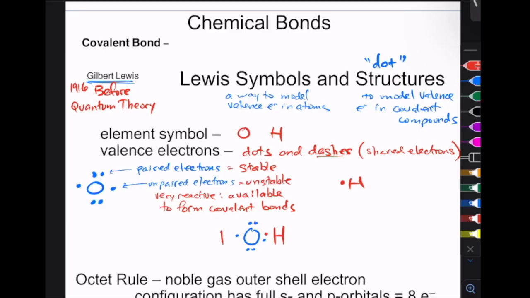So you can see that in each case, the covalent bond is made by the sharing of those unpaired electrons. Here we have a shared pair, and there's a shared pair. So this is now a shared pair of electrons, and this is, in fact, the covalent bond.